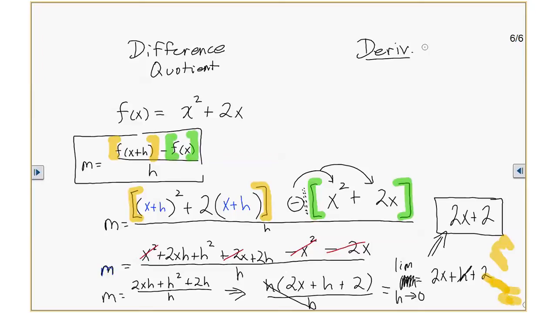Now, I want everybody right now, either on your calculator or by hand, to graph that function. It shouldn't be hard to graph by hand because you know it's a parabola. It's going to have a parabola type shape to it.